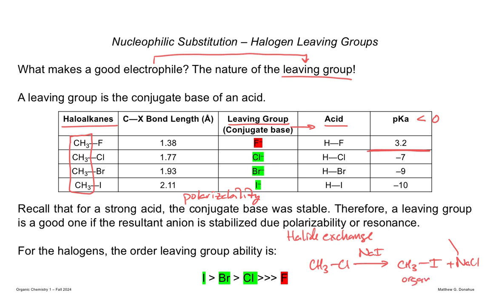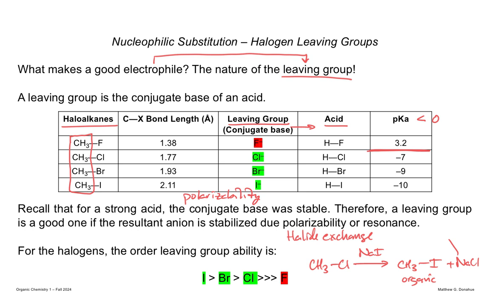So in this class, we're primarily concerned with the organic product. But when you're in lab and you're doing things, the nature of that inorganic product can matter as well, because that will have a solubility profile that you can use to your advantage.